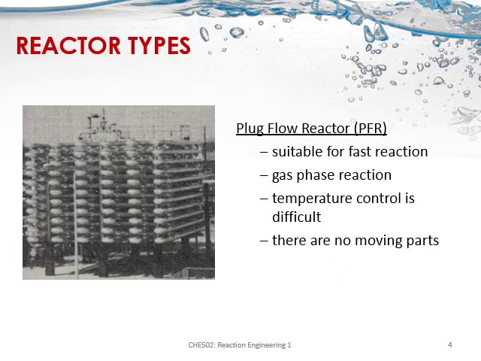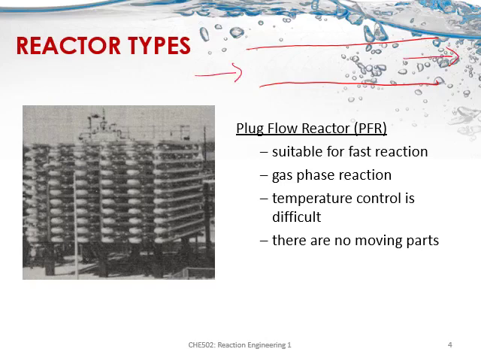The last ideal reactor is called the PFR, plug flow reactor. Most commonly it is a tube. So you'll have mass flow in, mass flow out, and again it is a steady state operation.